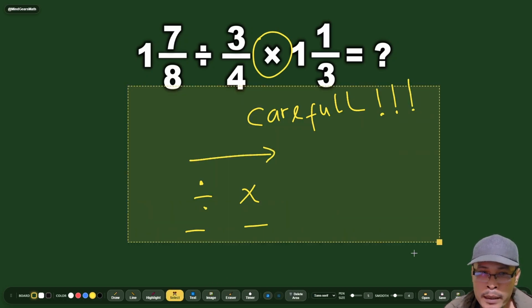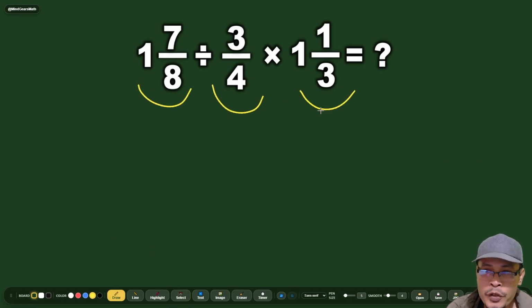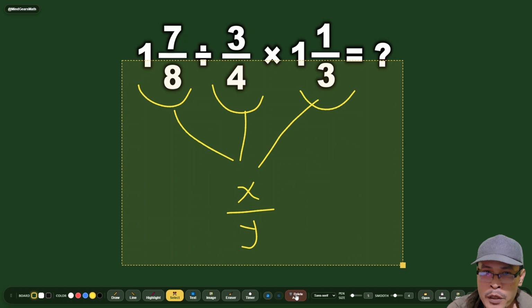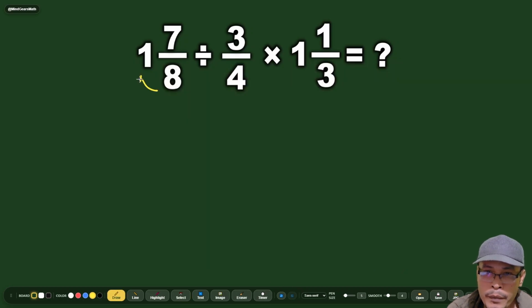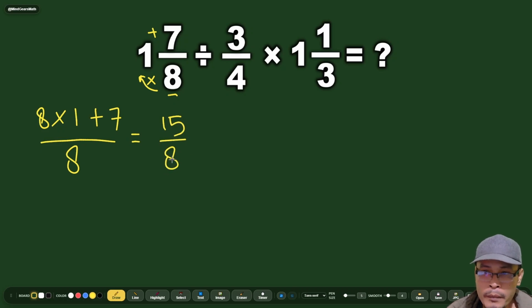The clean method is to convert our mixed numbers to improper fractions, step by step. Take 1 and 7 over 8. Multiply the whole number 1 by the denominator 8, that's 8, then add the numerator 7 equals 15. So it becomes 15 over 8.